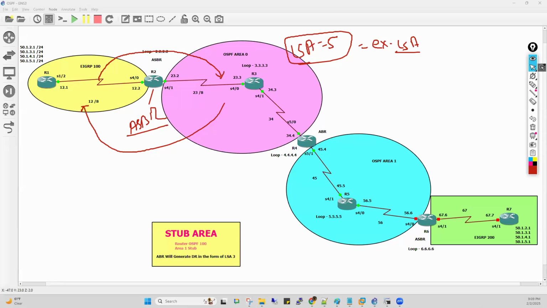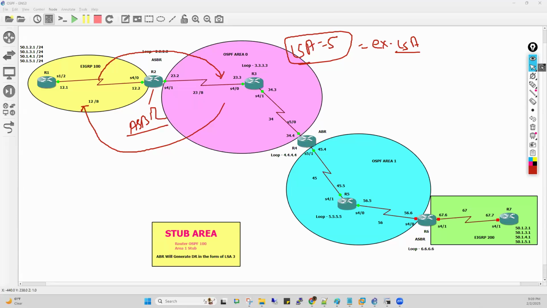How will it show, sir, in R2 when we enter this command? In which type will it show? You can check by the command show IP OSPF database. That LS type 5, how will it show?